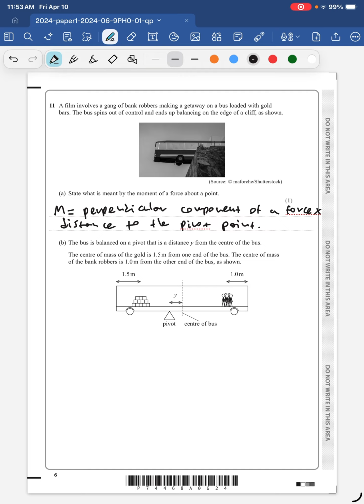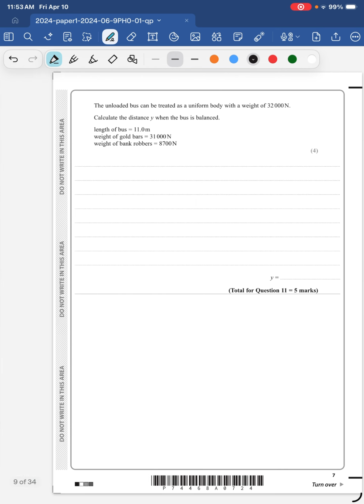Okay, B, the bus is balanced on a pivot that is a distance y from the center of the bus. The center of mass of the gold is 1.5 meters from one end of the bus. The center of mass of the bank robbers is 1 meter from the other end of the bus, as shown. Okay.